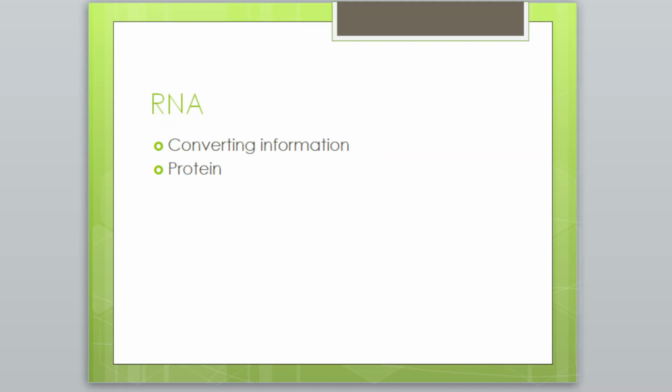Now let's come to RNA. RNA helps in converting the information stored in DNA into protein.